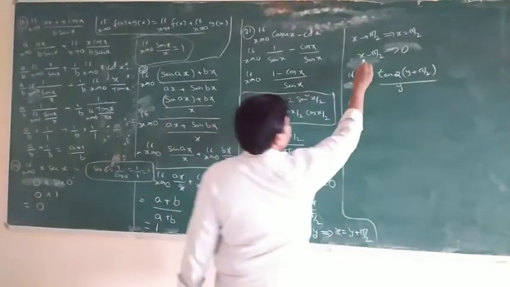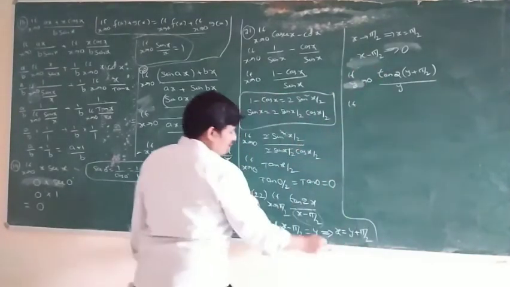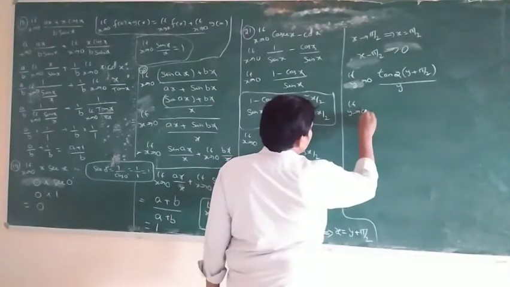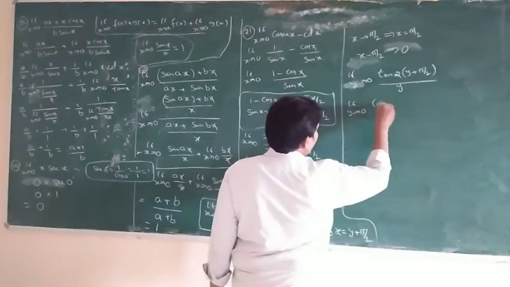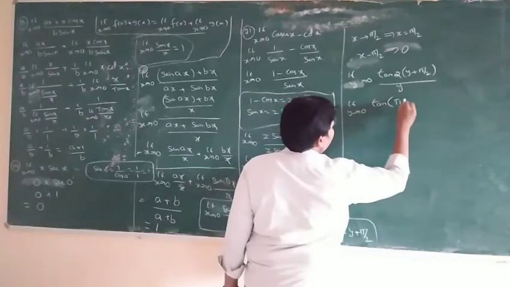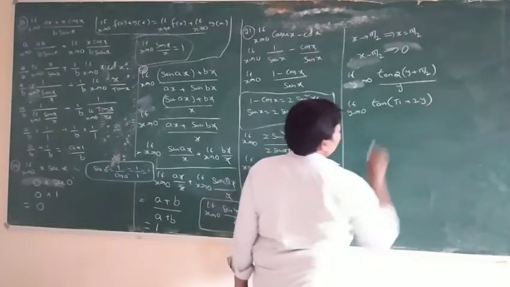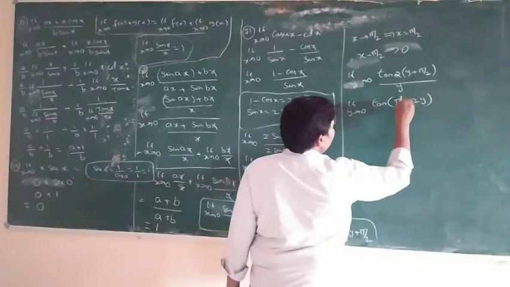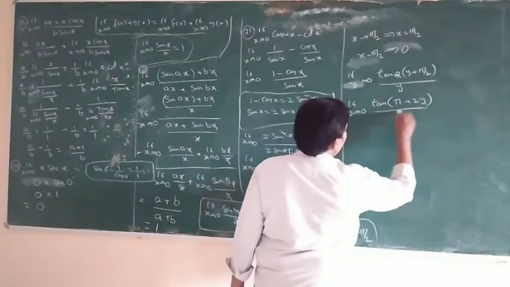So limit y tends to 0 of tan of 2 into (y plus pi by 2), all by y. 2 into pi by 2 is equal to pi, so we get tan of (pi plus 2y) by y.